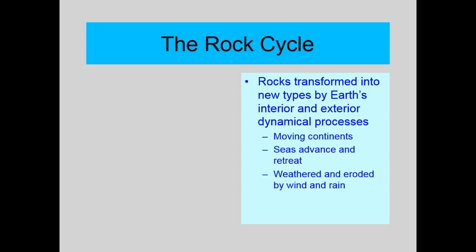You have moving continents, and where they're grinding together, that's creating change. Where they're spreading apart, new stuff is coming up. They're always changing, through dynamical processes, interior and exterior. We may not see some of those changes that are happening way deep, but this is what? Seas advance and seas retreat.